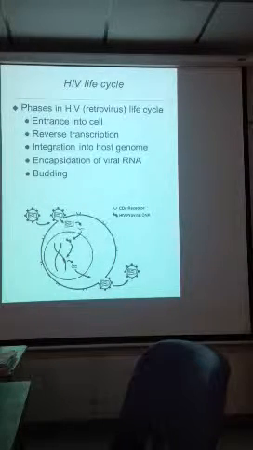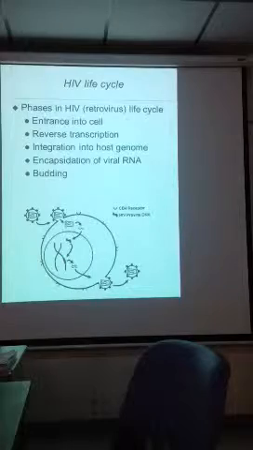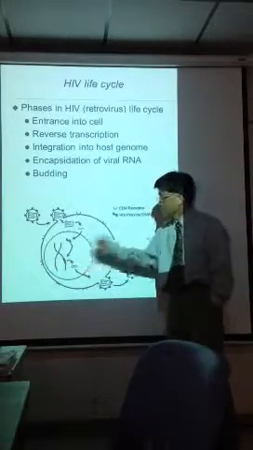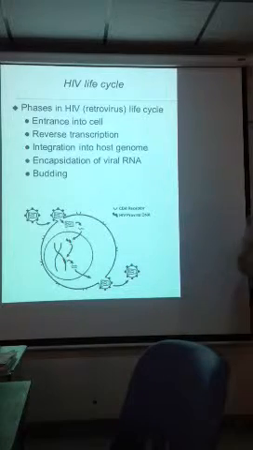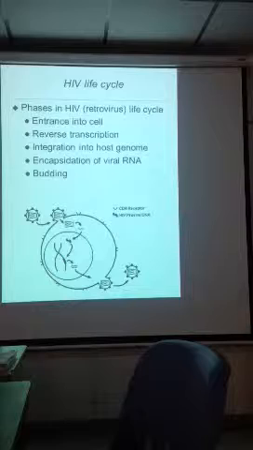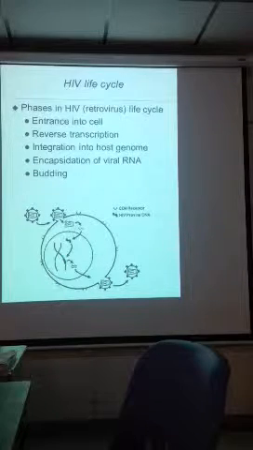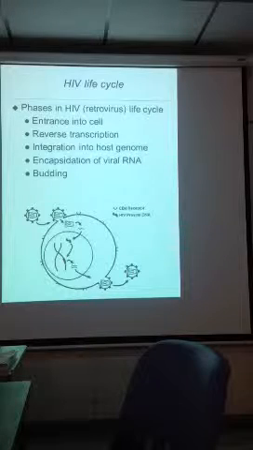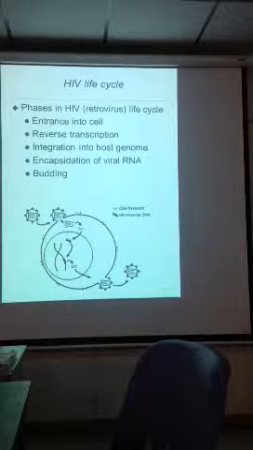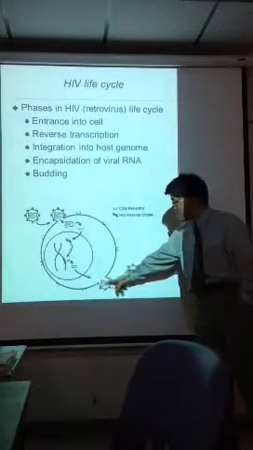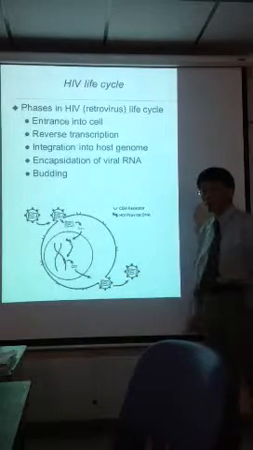From there, it can start to produce the components that are needed to make more viruses. It acts like a new home base, from which they can produce more nucleic acid, more proteins, to make more virus, and then at the final step, the virus buds out.